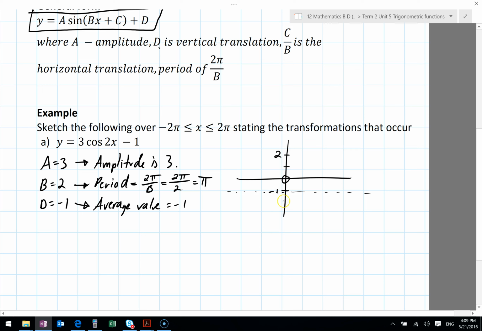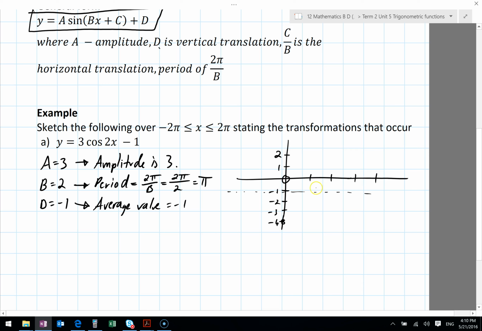And I'm going to go down 3 as well, and that'll be my minimum point. Remember my period is pi radians. I'll always divide these into 4 sections.